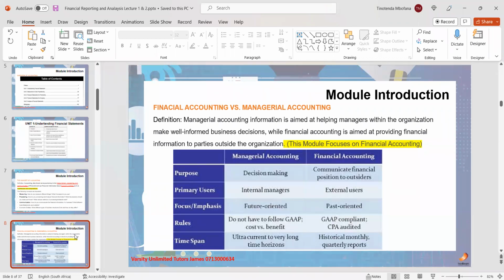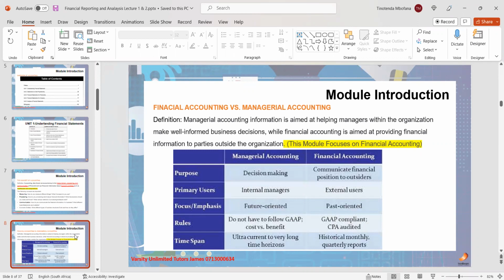And then you're also going to look at what we call the standards of reporting information. You're going to look at rules. So all of this is more pertinent to financial accounting or financial reporting and analysis than it is to managerial accounting. But like I said, for now, don't worry too much about managerial accounting. We're going to talk about it next year. But managerial accounting is more about decision making. It's more about management. It's more about the future.